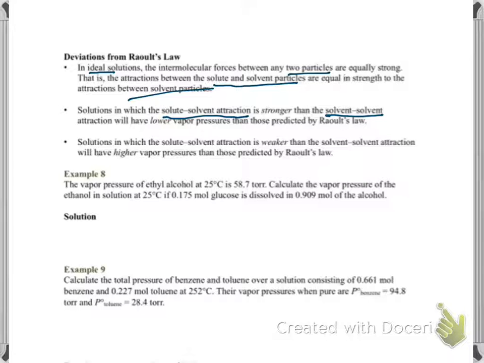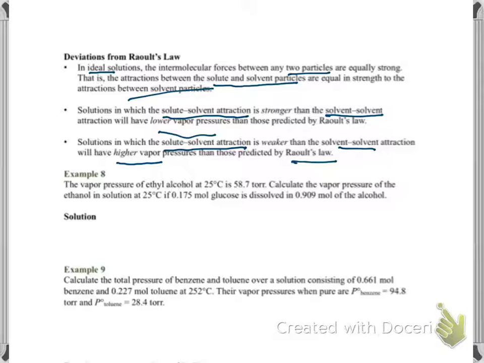In that case, the vapor pressure of the solvent in the solution will be lower, because not a lot of solvent particles are getting vaporized. If the solute-solvent attraction is weaker than the solvent-solvent attraction, then the vapor pressure of the solvent in the solution will be higher compared to that predicted by Raoult's law.